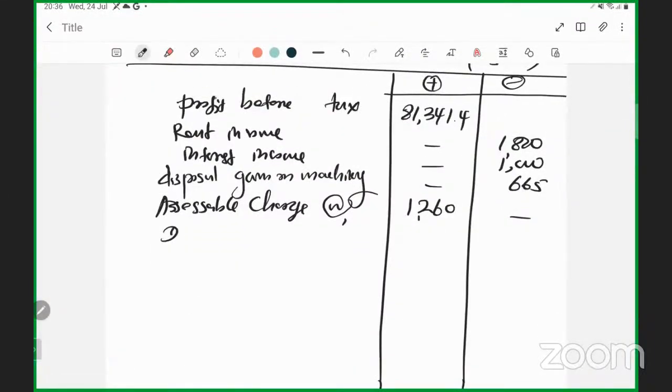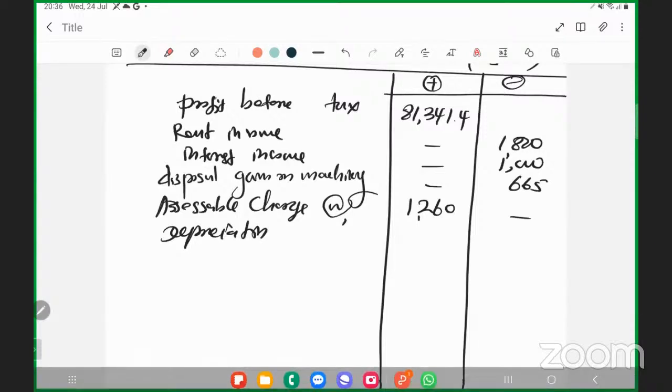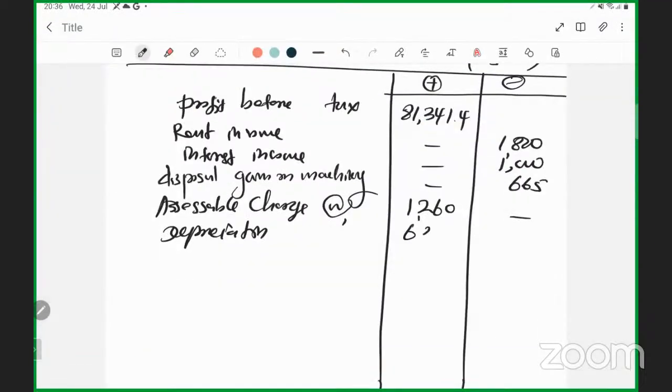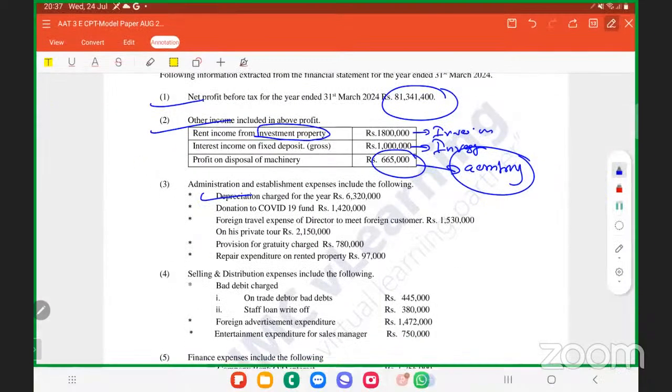Depreciation in the accounts cannot be included, therefore remove it as per section 16. How much? 6,320,000. Instead of that, you can calculate the capital allowances, using the information given under the 7th adjustment.